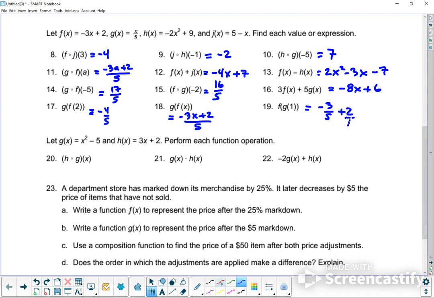Common denominator of 5. So we really get negative 3/5 plus 10/5. And together, we're going to get 7/5. Kind of like number 15, but a little different because we're doing different kinds of math. So the answer is 7/5. That's the last of that one.